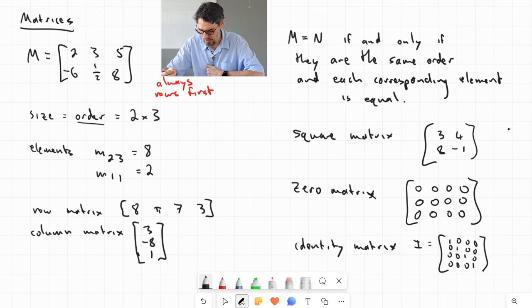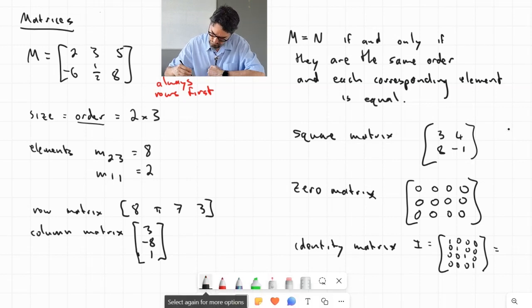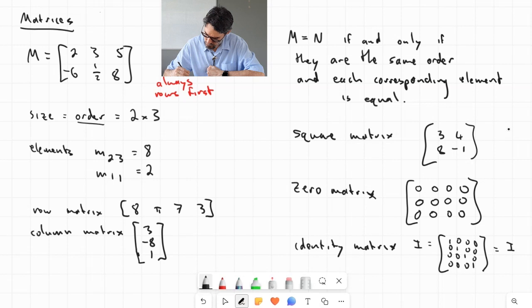This one's an identity matrix of size 4. Sometimes you might put this one as actually I4. That was messy, let me try that again. I4, because it's an identity matrix of size 4. You don't always need to do that, but the context will make it pretty clear.